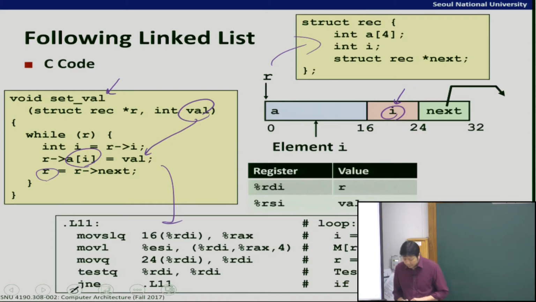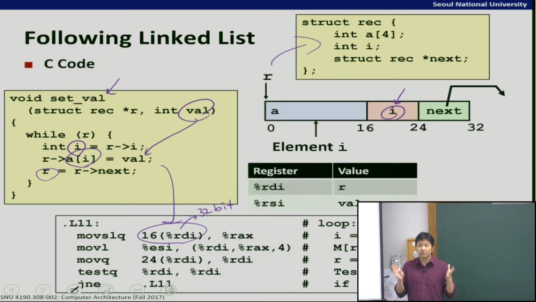Here, the first instruction, this movslq, is a move instruction, but it does sign extension, because this one is a 32-bit value. An integer takes 4 bytes, like a double word in Intel's terms.